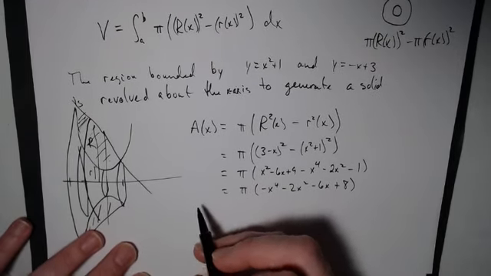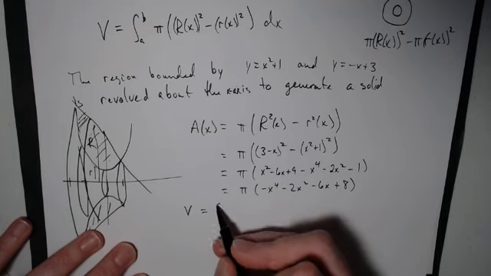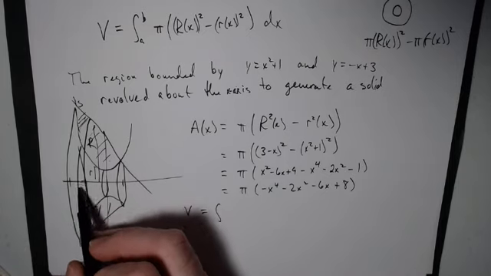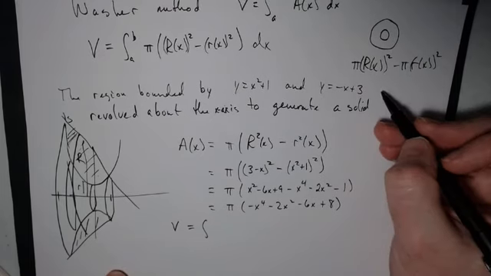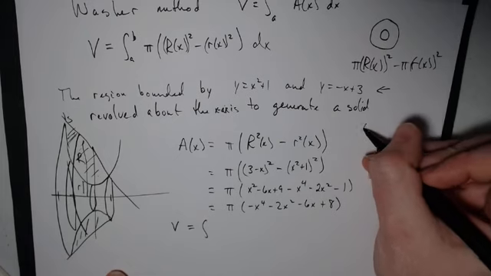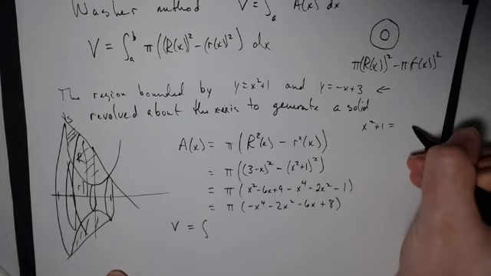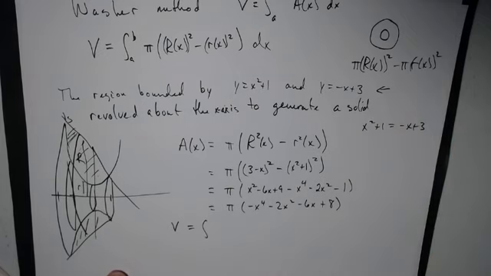So my volume here is the integral from, oh, we didn't ever find these points. We need to find our limits. The way we find our limits is actually to find the intersections of these two curves. So we set x squared plus 1 equal to negative x plus 3, because that's where the y's are equal.